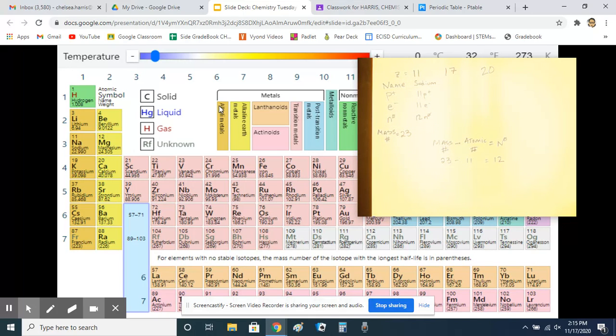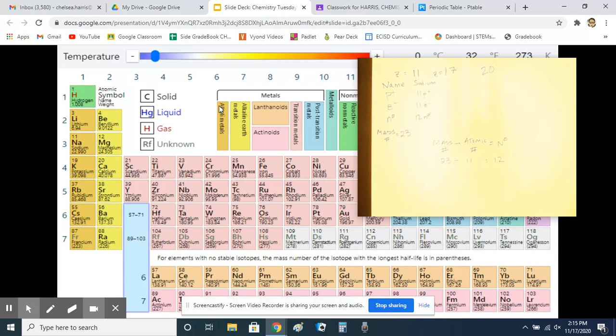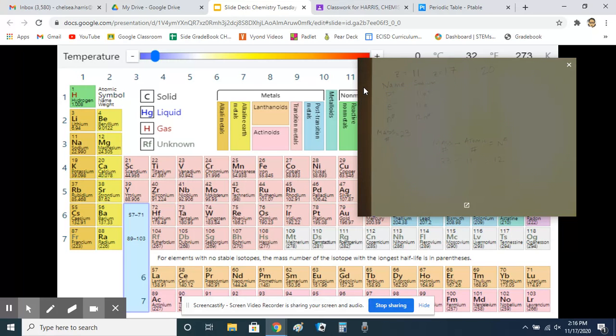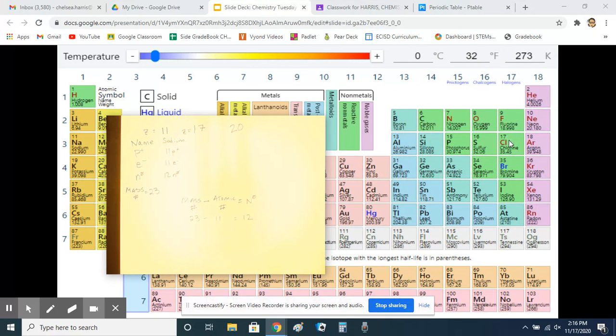Now let's look at the second example, and I'm going to try to guide you more. So we're going to look at element number 17. What element is that? If you're looking at my periodic table on my screen, element number 17 is all the way here. What a coincidence!